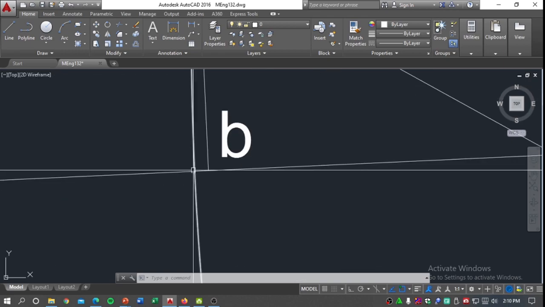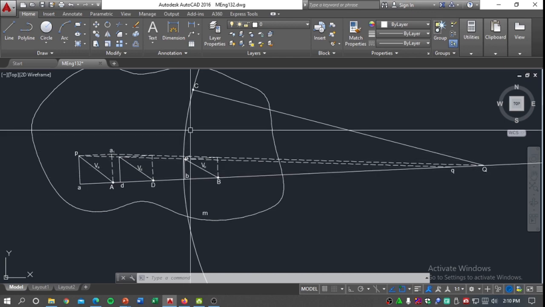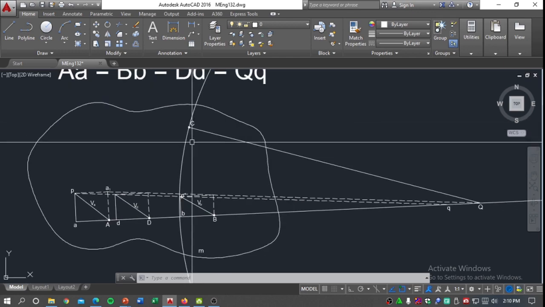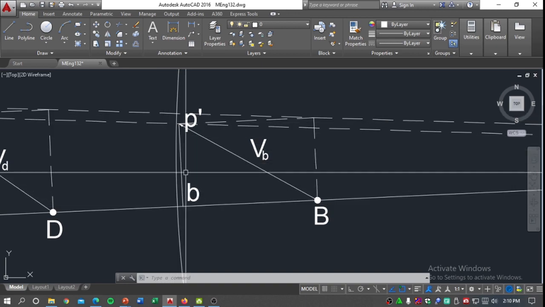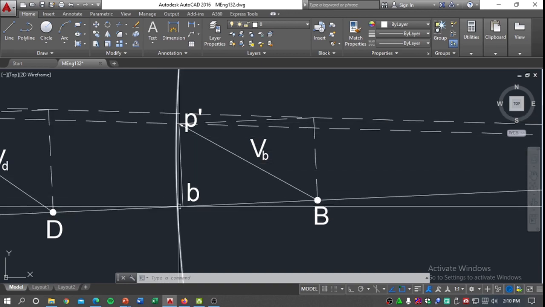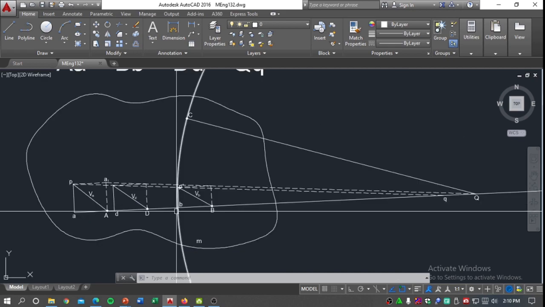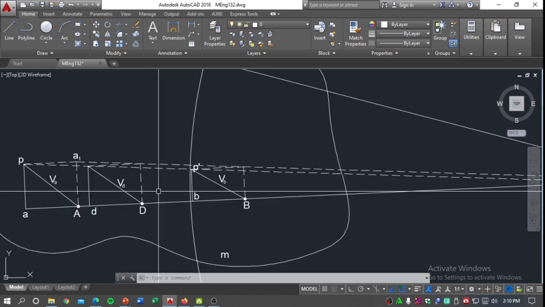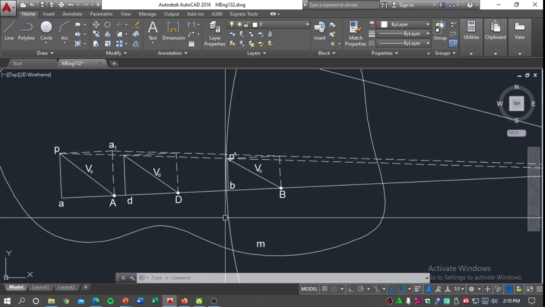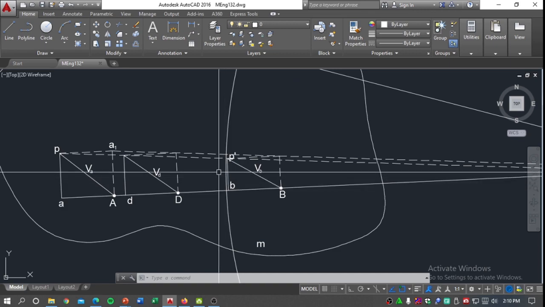Imagine that this is another point here. The velocity of point C here can be obtained by simply getting the velocity of the corresponding point here, by drawing a similar triangle with the points A, D, and B.